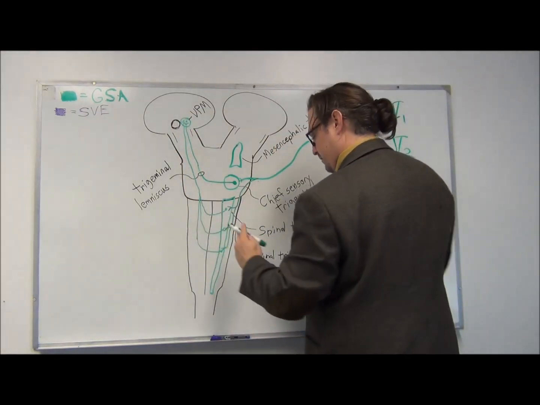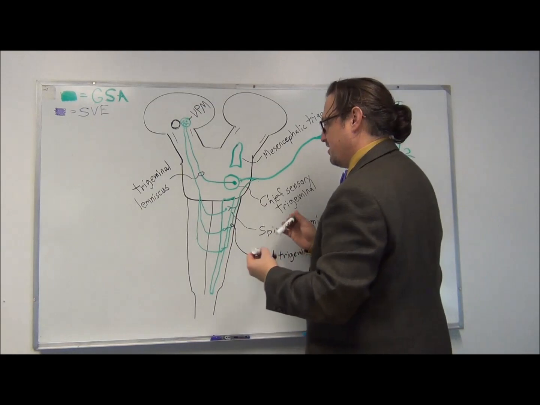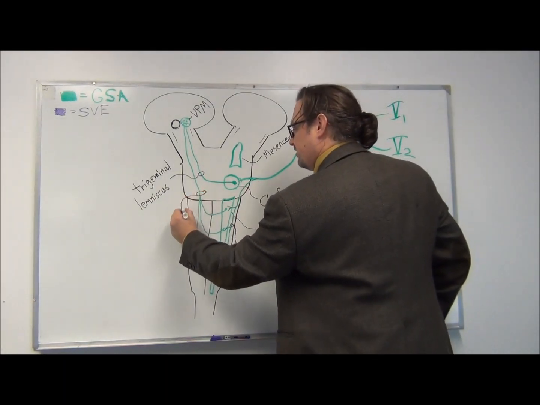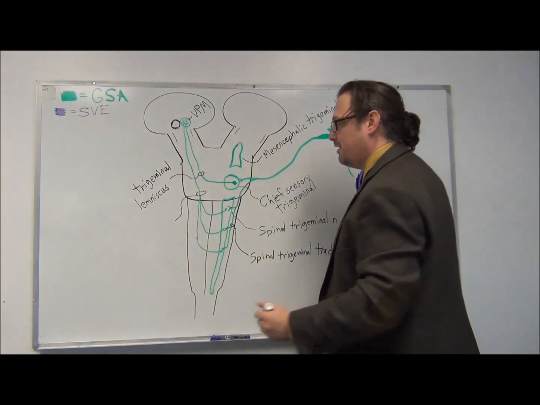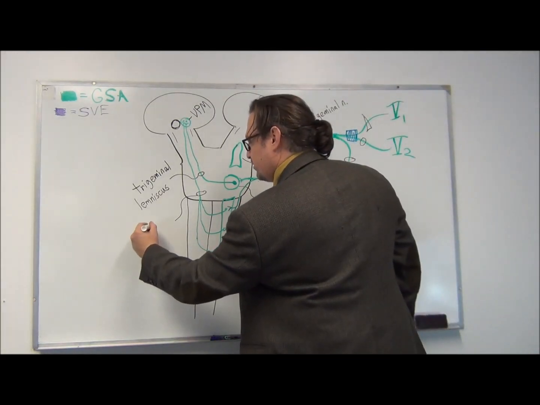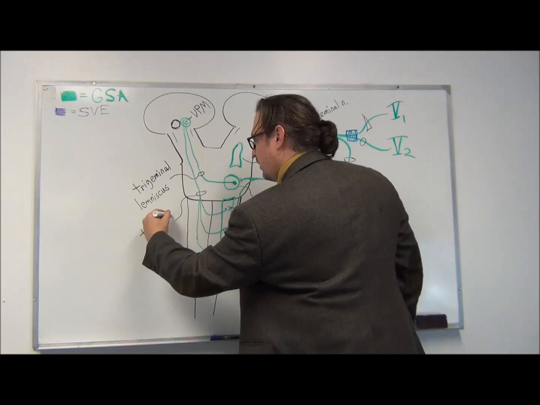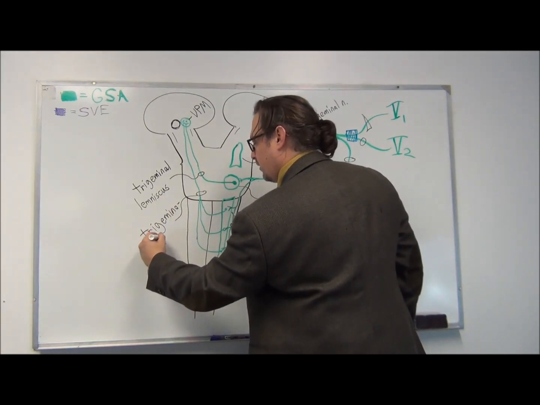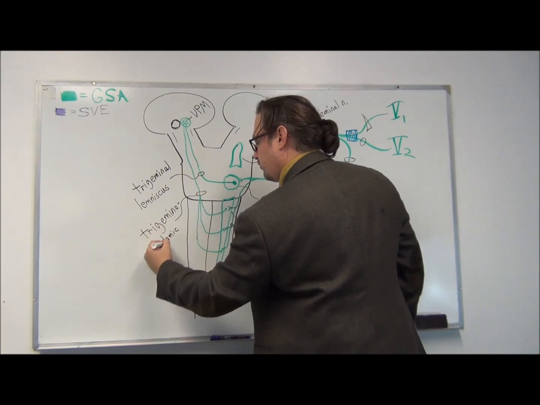And this guy goes by a slightly different name, but if you remember, the anterolateral system projecting to the thalamus was called the spinothalamic. No big shock here. This is the trigeminothalamic tract.